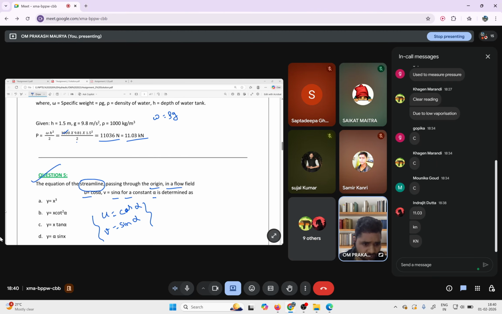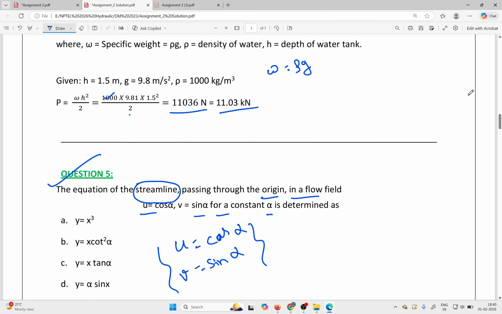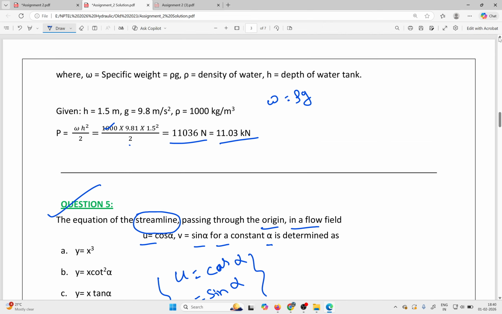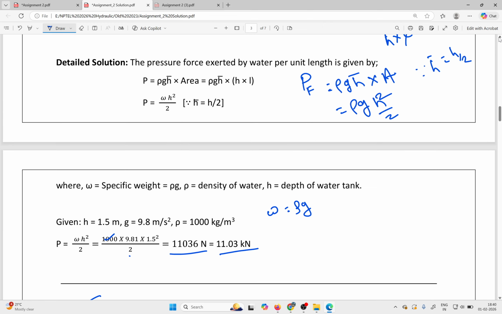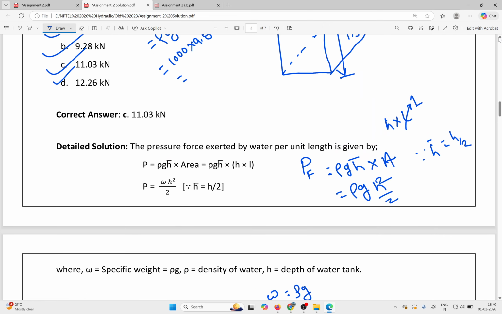So please, everyone solve. Okay, someone is asking about the kilonewton in the previous question. Let me just see what was the mistake. Yeah, it's kilonewton, fine.